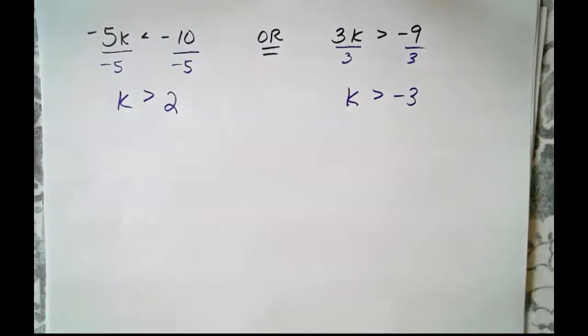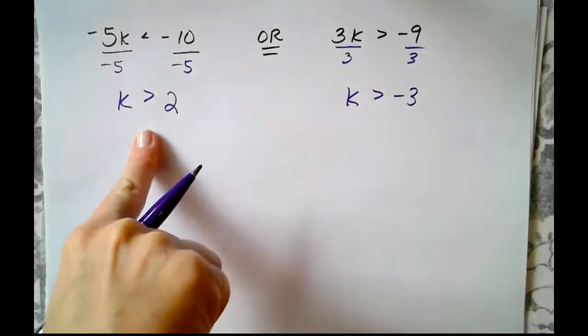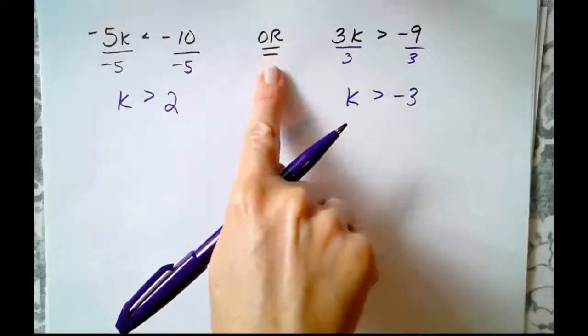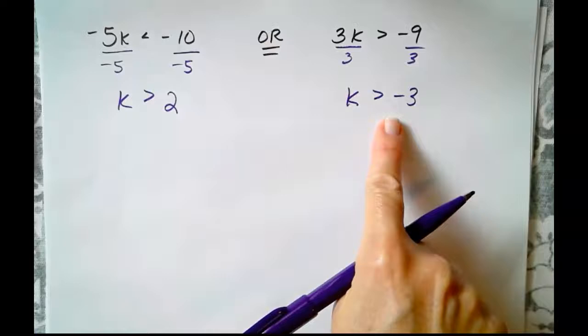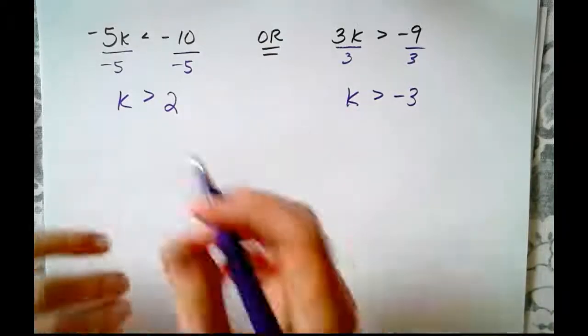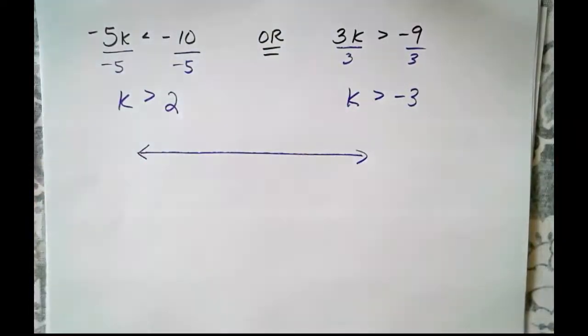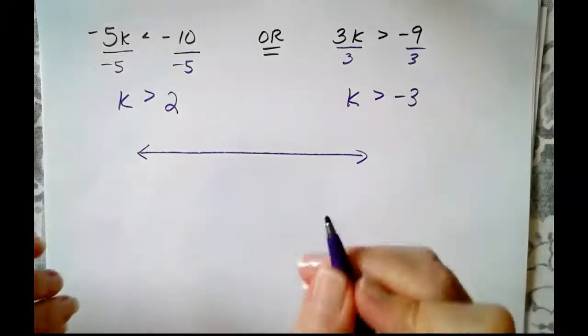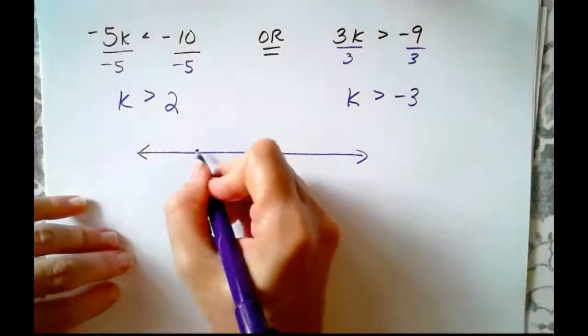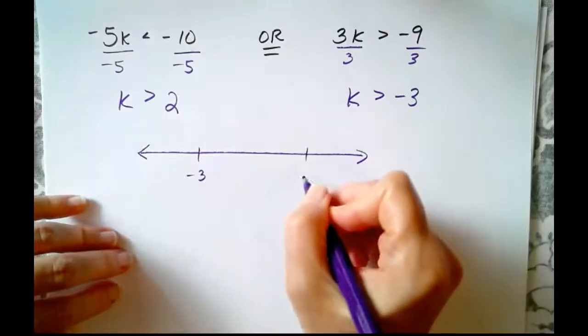So let's think about this. This is a very interesting problem because we're looking for answers that are bigger than 2 or bigger than negative 3. This is an or situation. This is a very special case because what numbers are bigger than 2 or bigger than negative 3? Remember, one restriction or the other has to be met.